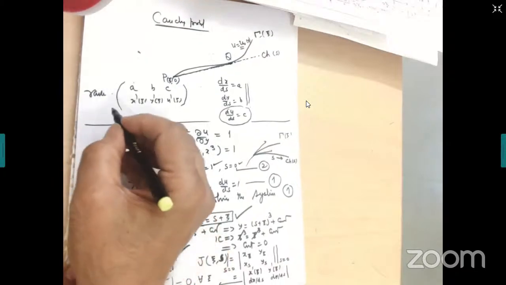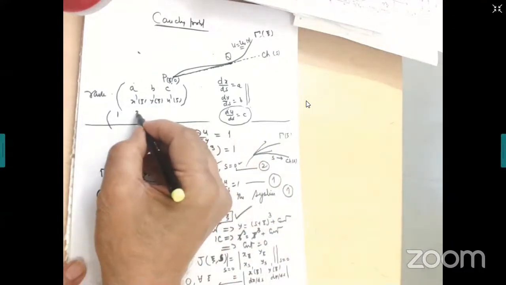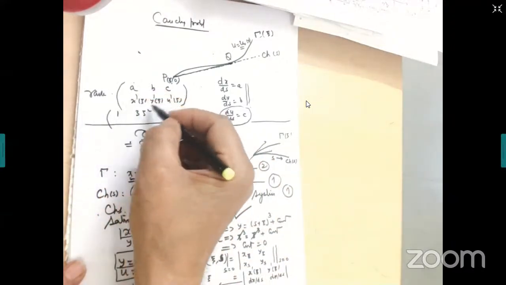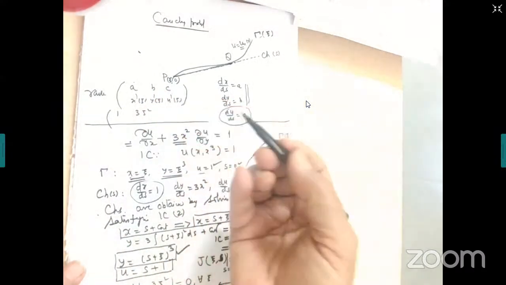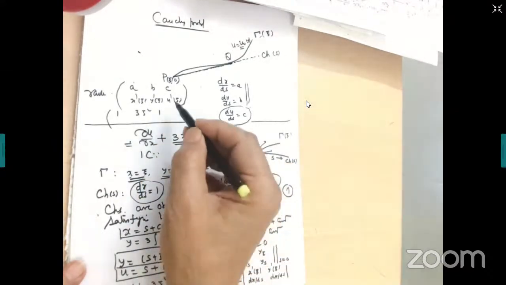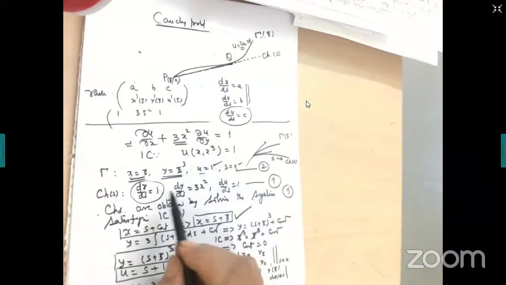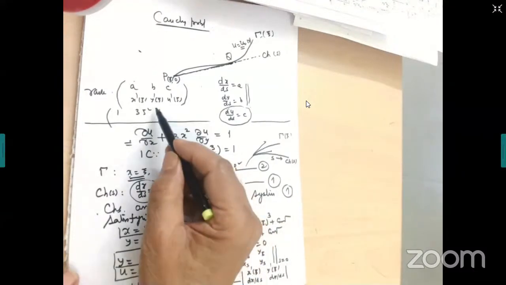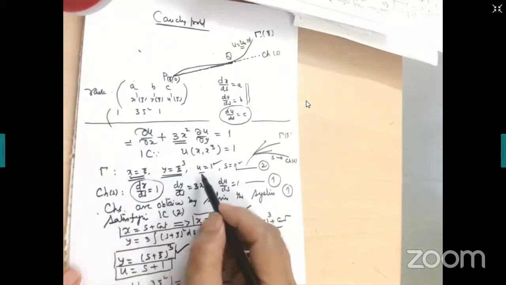So what is this matrix? First of all, it is very clear: it is 1, 3 xi square, because the first two columns constitute the Jacobian. The third is C, and we know that C is 1. And what is u dash? u dash xi is 0, because on gamma, u is specified as 1.